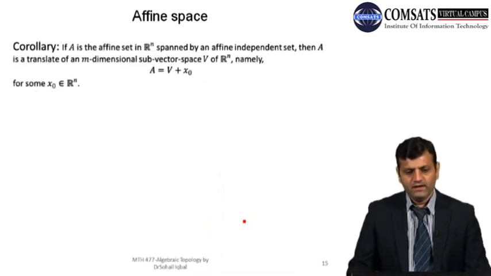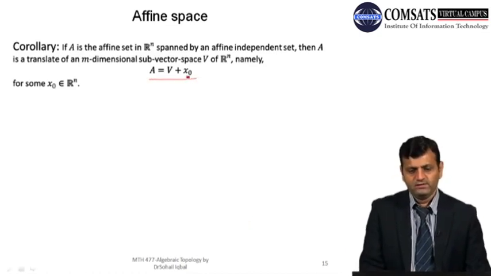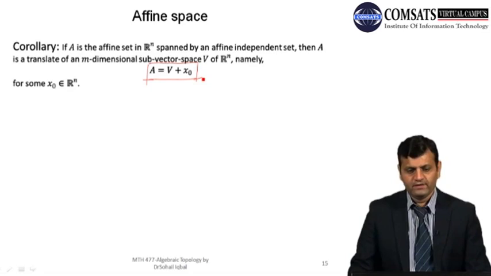If A is the affine set in Rn spanned by an affine independent set, then A is a translate of an m-dimensional subvector space V of Rn, namely A is equal to V plus x naught. So this corollary relates the study of vector spaces and the study of affine spaces.